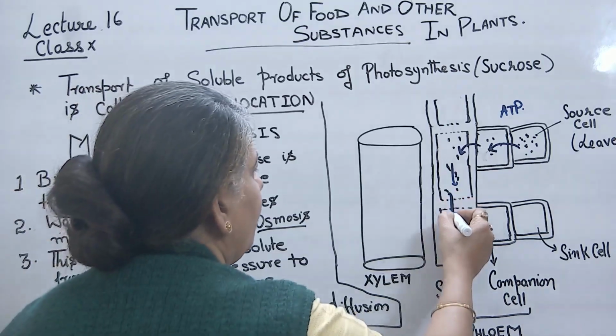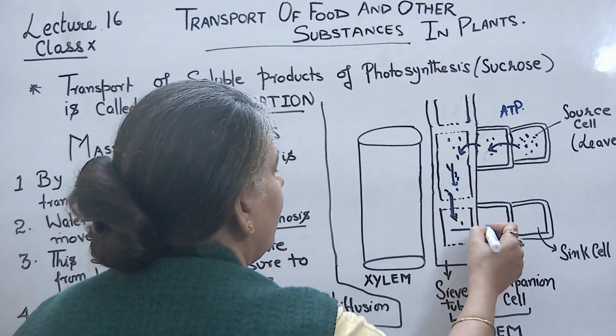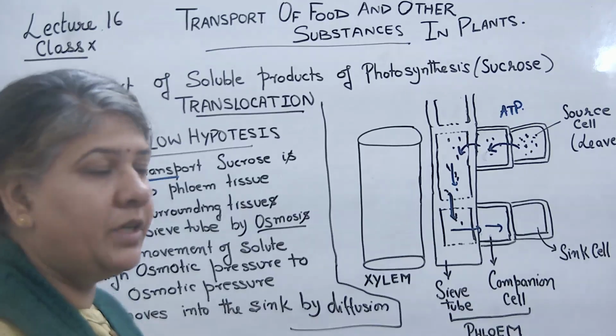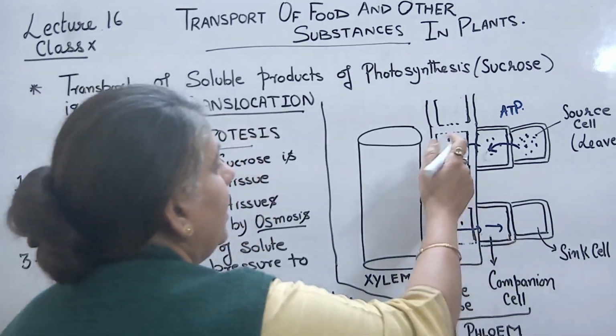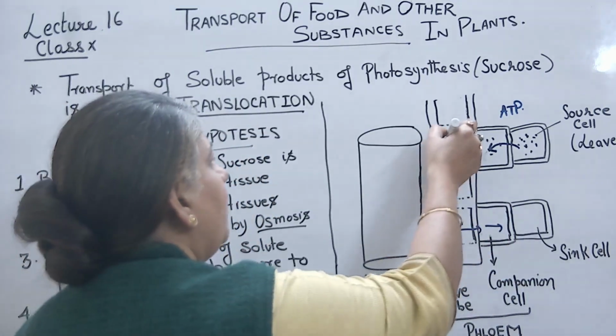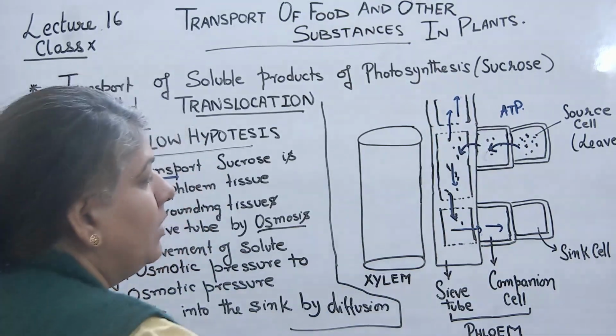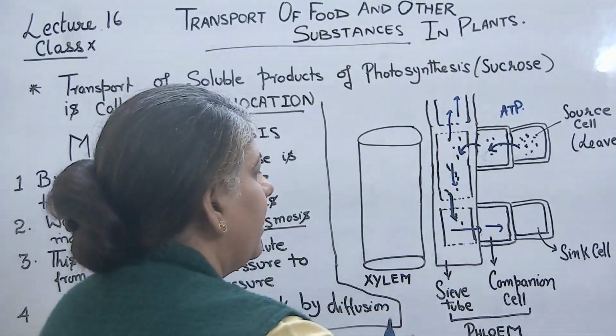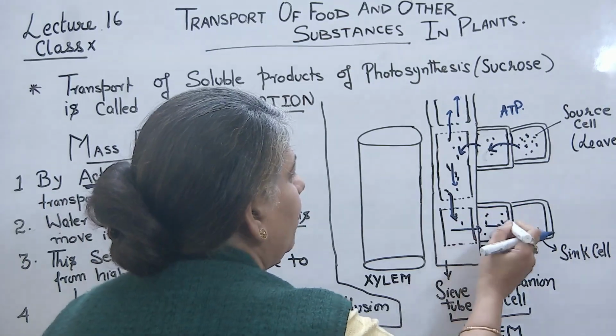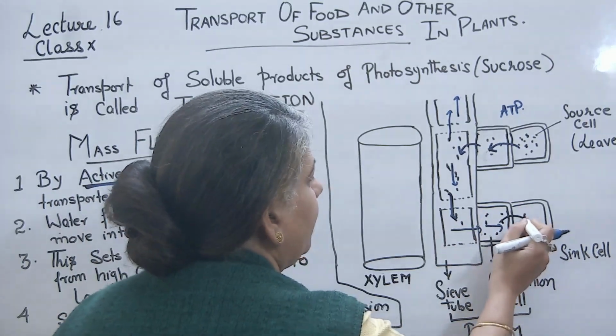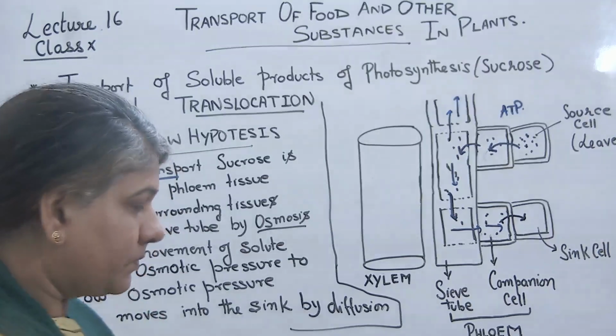So it will be downward, upward, wherever there is low osmotic pressure region. And then the solute will be put into the sink cells by the process of diffusion.